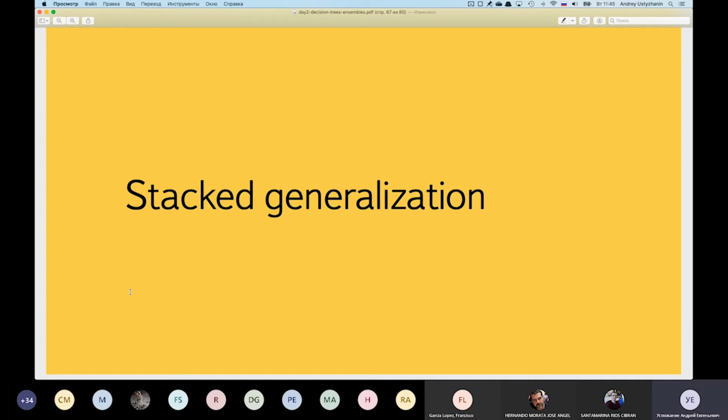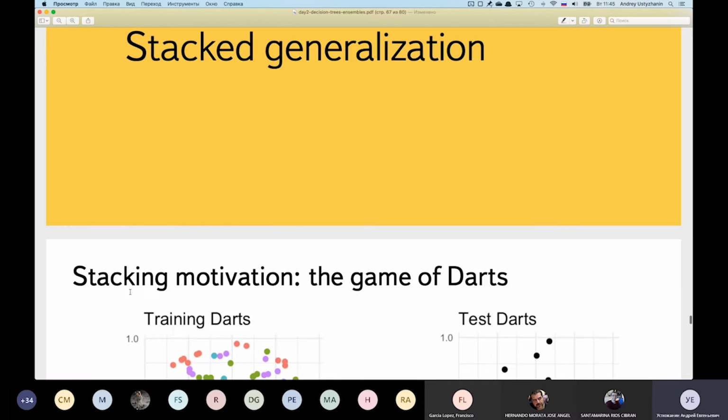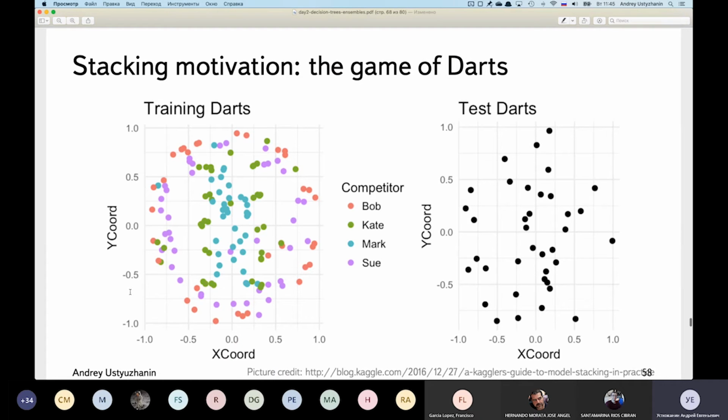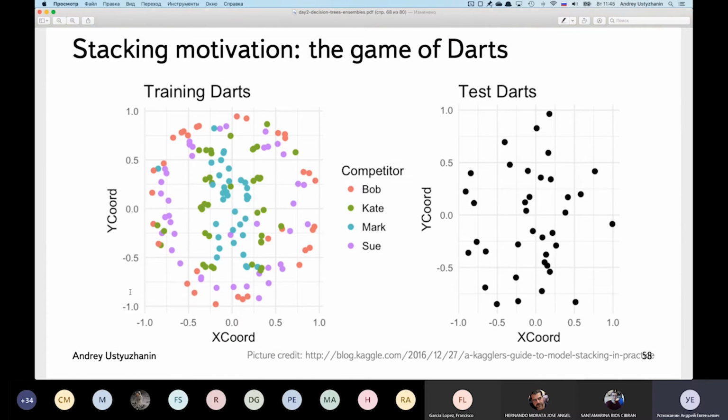Well, just a quick illustration of how you can combine learners that are not coming from the same family. Imagine you have a two-dimensional space, and you have darts falling into a target, and you have different players, Bob, Kate, Mark, and Sue, and you want to identify who is who.